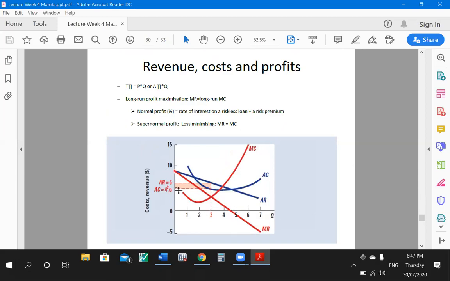So total revenue is 6 into 3, 18. How do you know this is 6? Because look at the AR, average revenue curve. That's your price line.